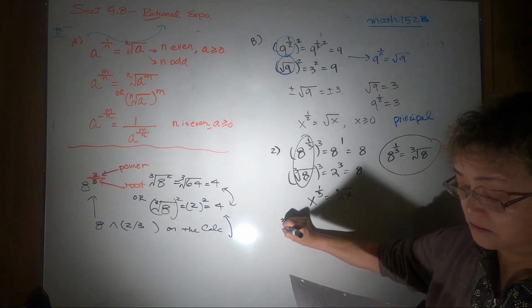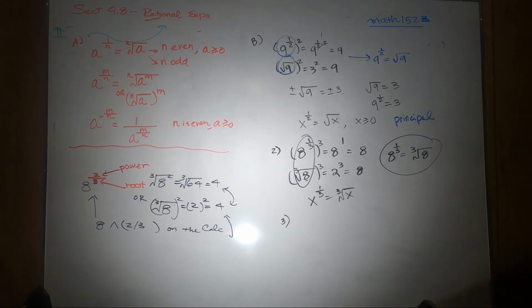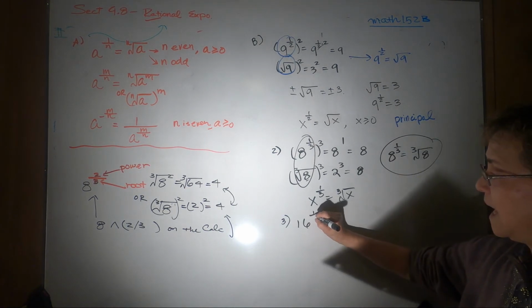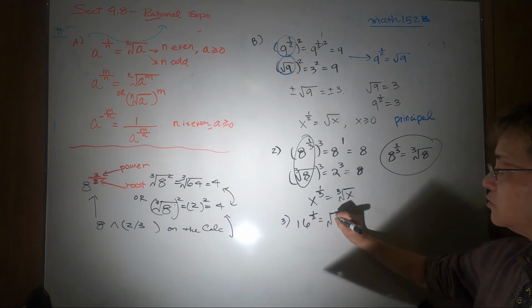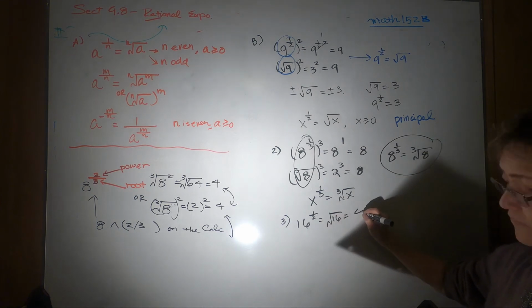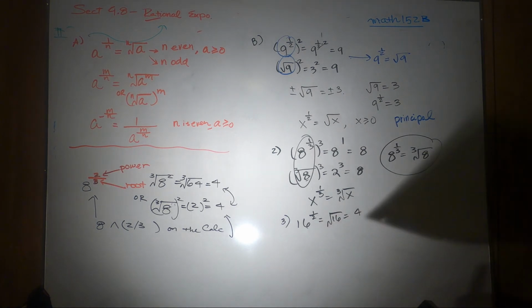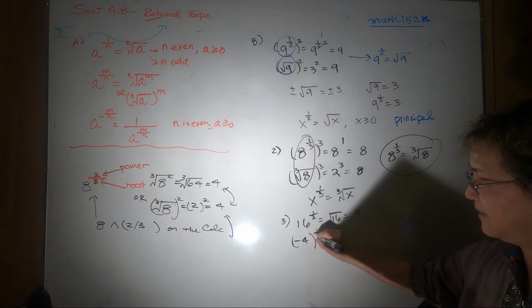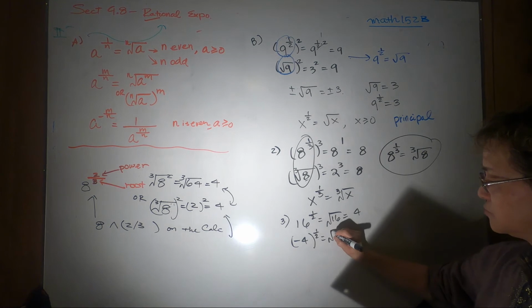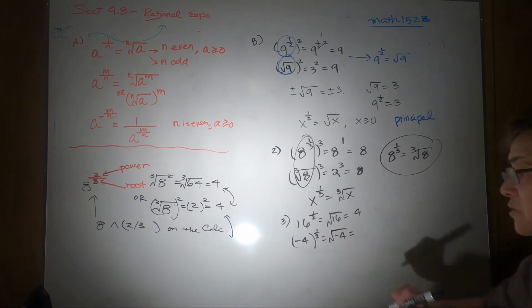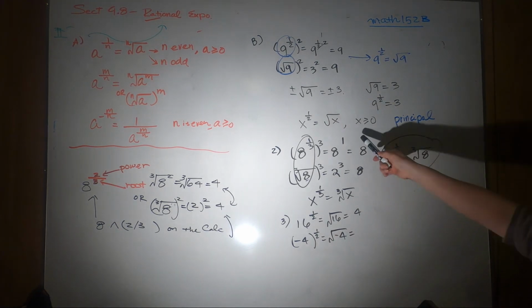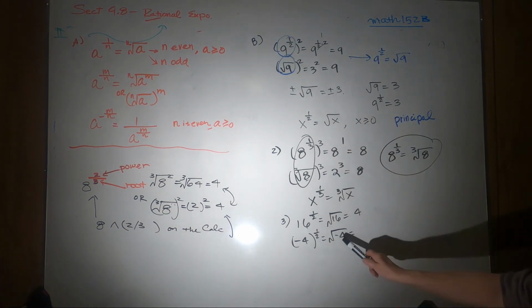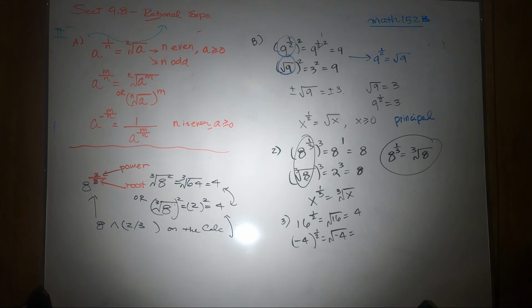Then let's take a look at how we simplify all the numbers. 16 to the 1/2 means square root, right? That would be 4. Then if we do -4 to the 1/2, that means take a square root of -4. Can we do that? We say for the even roots, inside you cannot have a negative number.